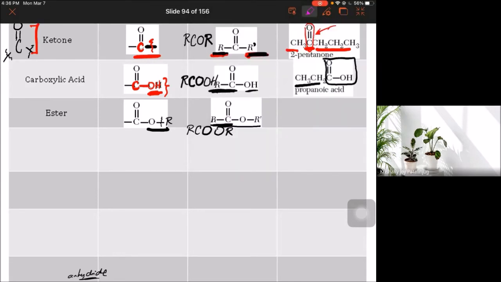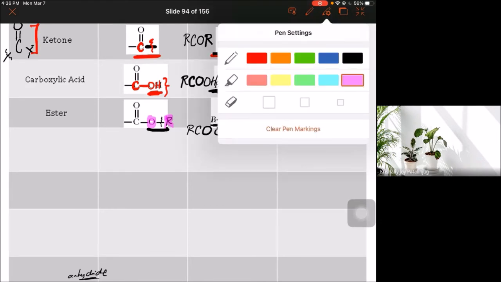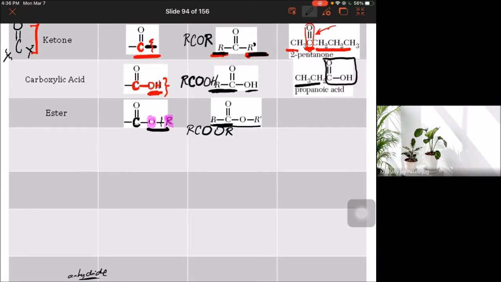When you try to differentiate that from the other carbonyl-containing compounds, the only thing you look at is the portion that is directly attached to the carbonyl carbon. RCOOR, that's ester. Next, thioester.